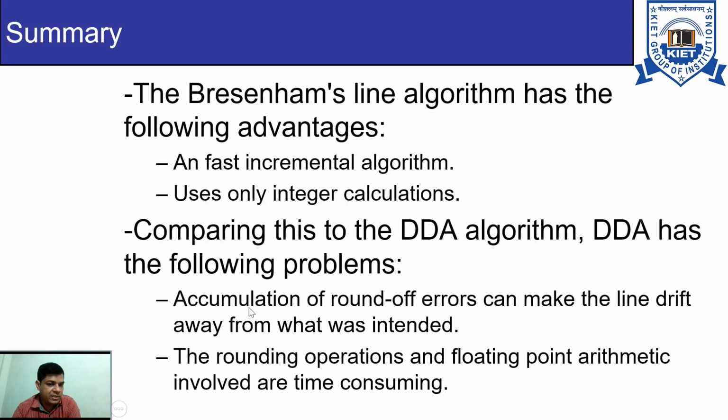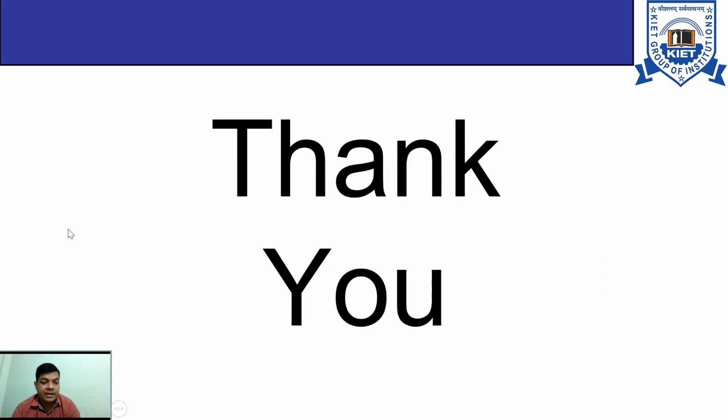First problem in that algorithm was that we are doing the rounding of the values and we are doing the operations on floating point. So these two are the limitations of DDA algorithm, and these two limitations are overcome by Bresenham's algorithm, and this algorithm is fast in comparison to DDA algorithm.